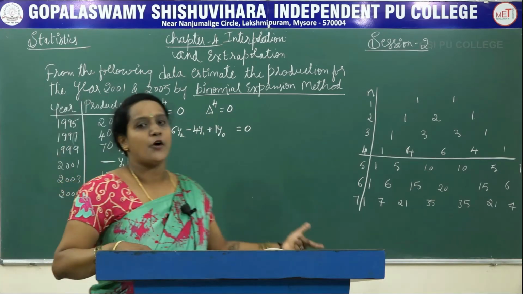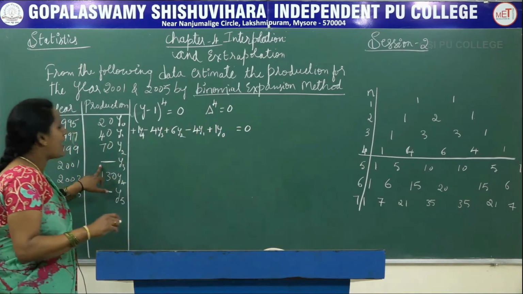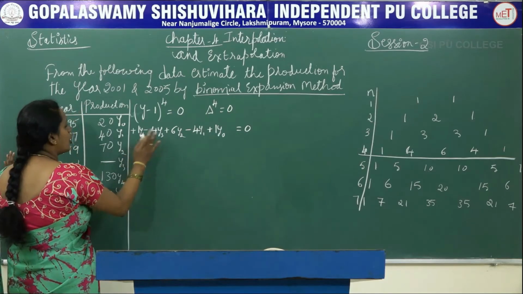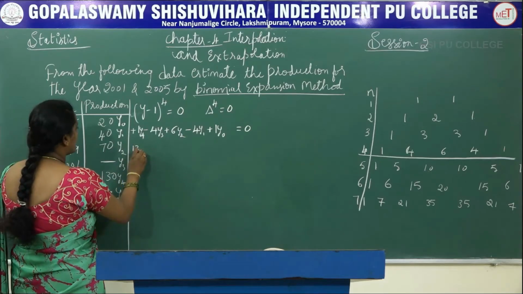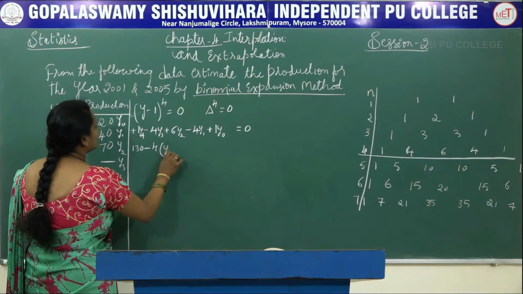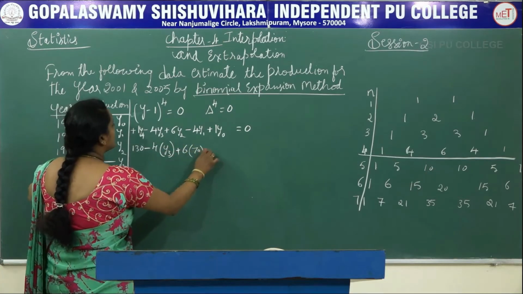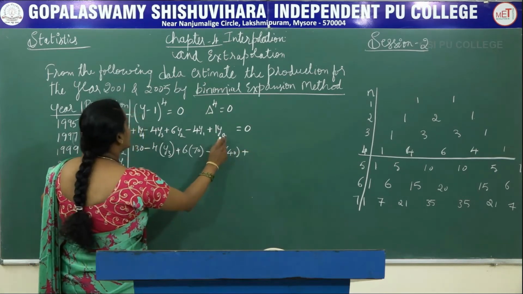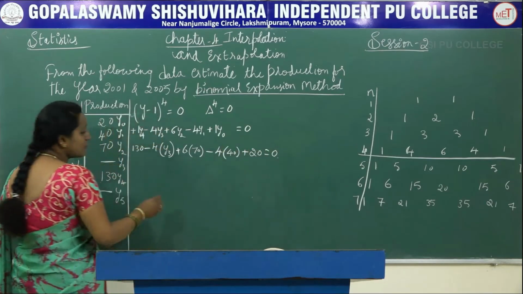So this is the equation to solve for your y3 value first. I will substitute the known values in this equation. The y4 value we already know is 130, minus 4 into y3, which we don't know, so I will keep it as it is, plus 6 into y2 which is 70, minus 4 into y1 which is 40, plus y0 which is 20, should be equated to 0.